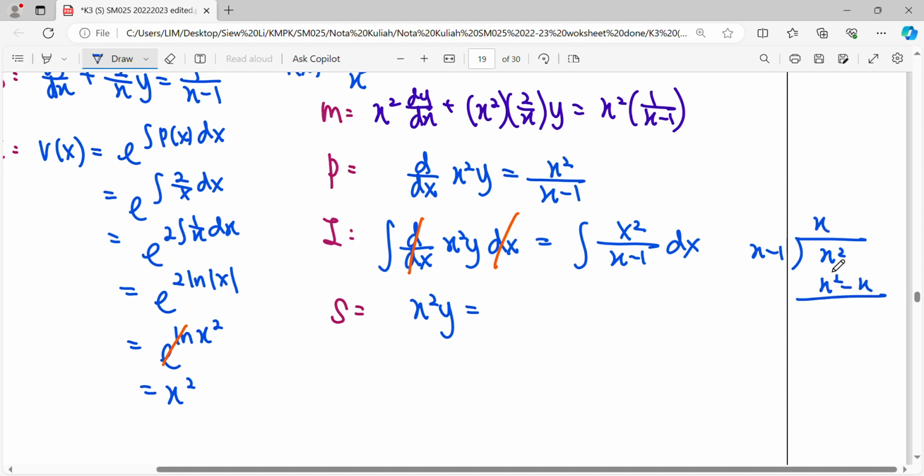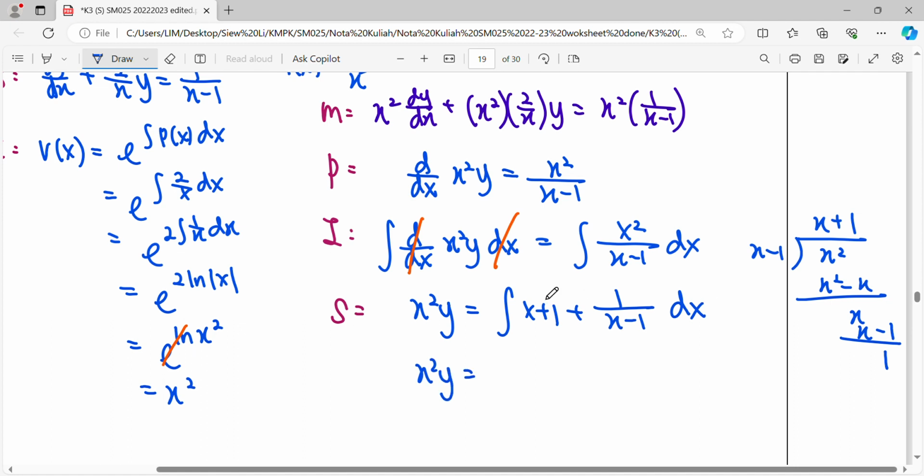Then the balance here: minus 0, minus negative x becomes positive x, and we still need 1 to times with x, so that now the balance remaining is 1. So for the right hand side, now we will integrate the quotient x plus 1, and the remainder is 1 over x minus 1. So we simplify our long division here in the pattern of quotient plus remainder over divisor.